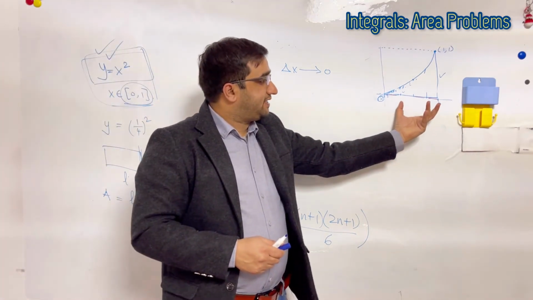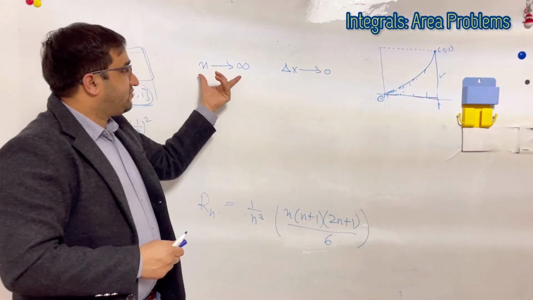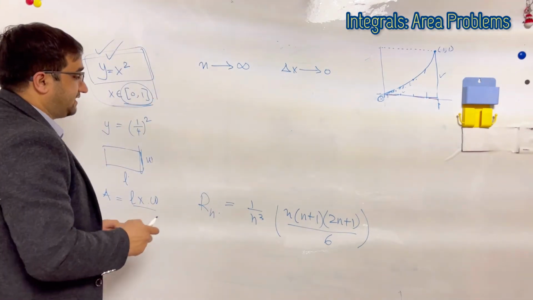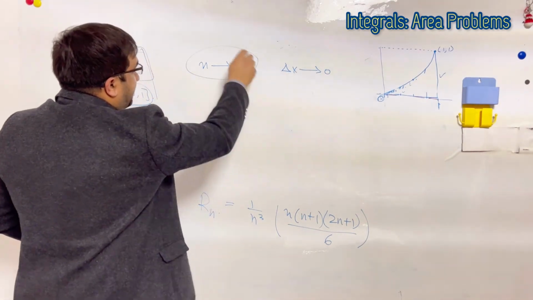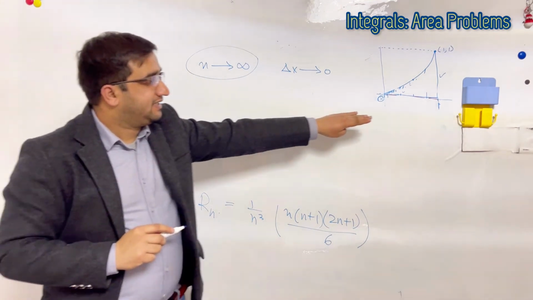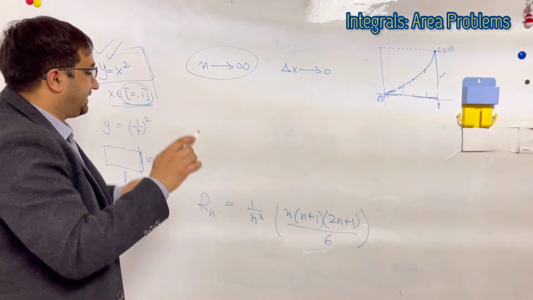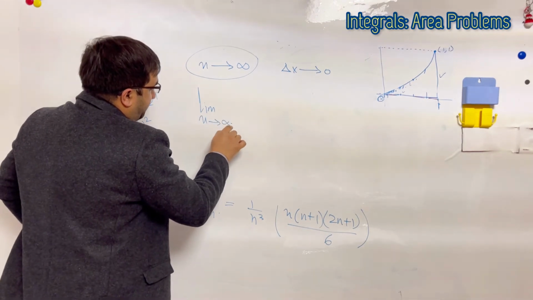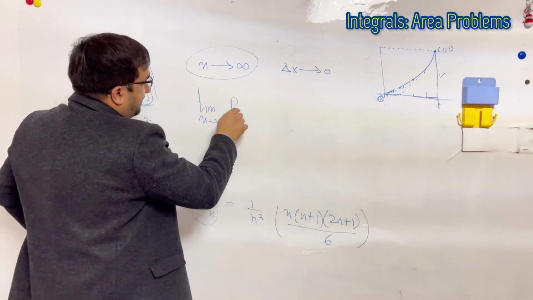But when I split into many slices, n is very large and delta x becomes small. So I'm assuming that I take n, the number of slices, infinitely many, so that I can apply the limit n approaches infinity on Rn.